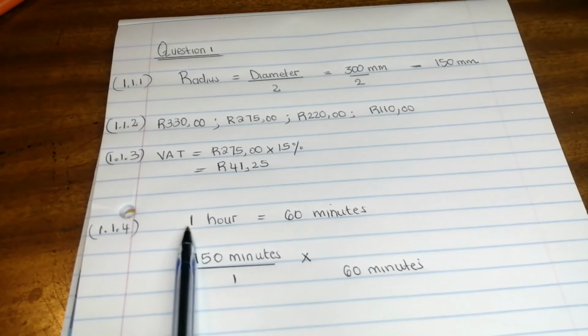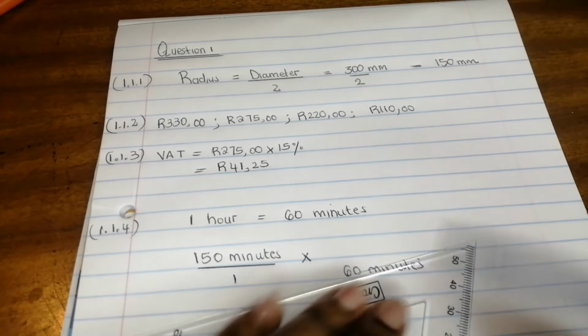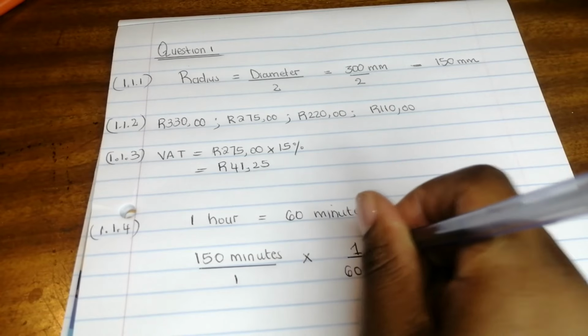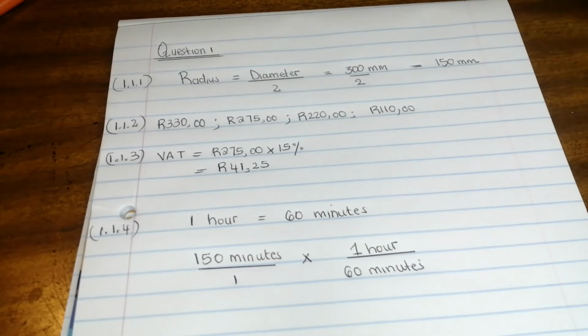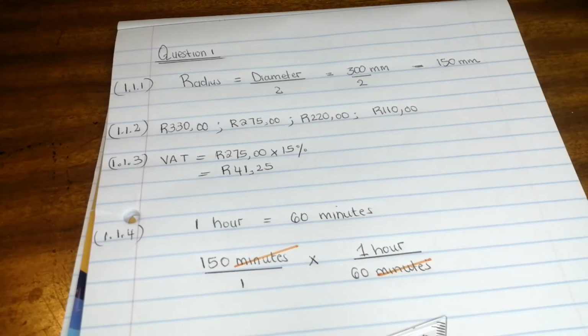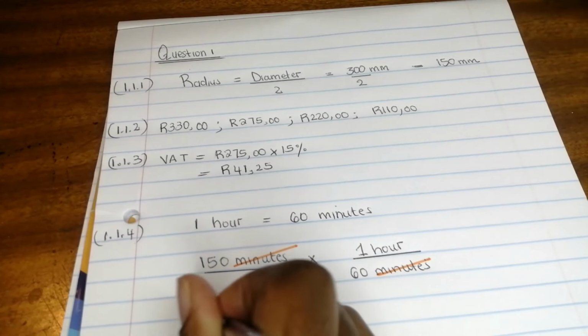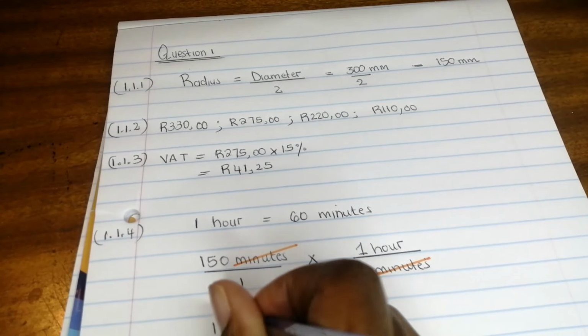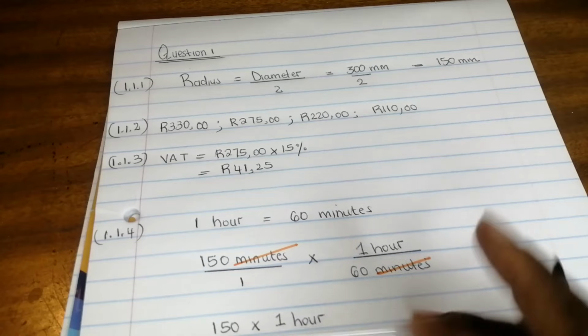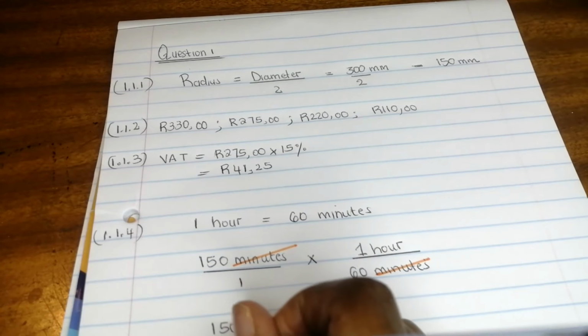Okay. And we know that 1 hour is equal to 60 minutes. So then we're going to have that 1 hour at the top, right? And then from here, do you see that we can just simply cancel out the minutes? Okay. And you'll be left with 150 multiplied by 1 hour over 60.